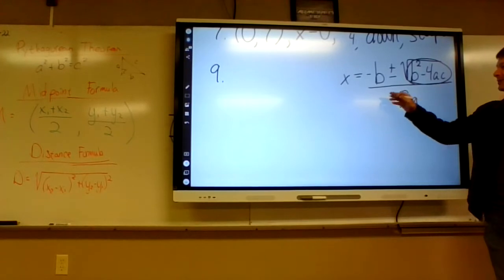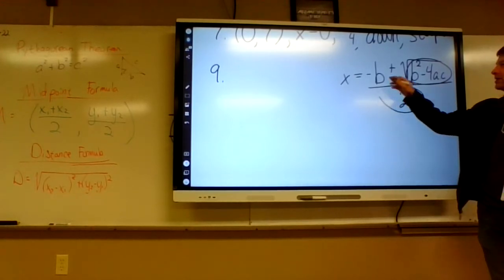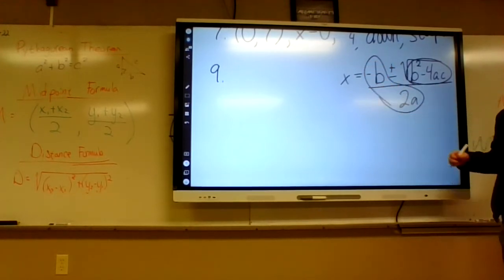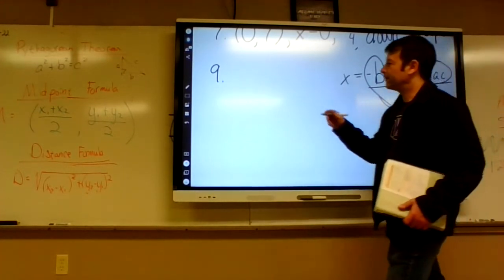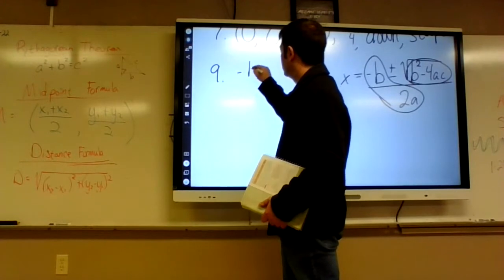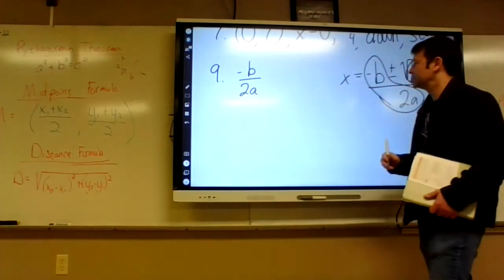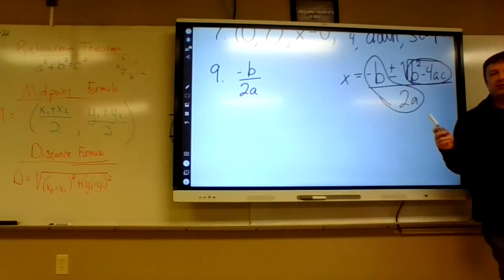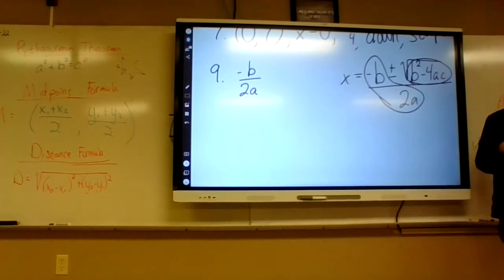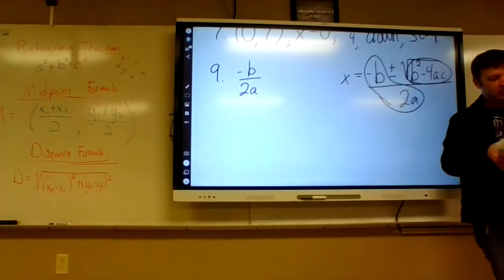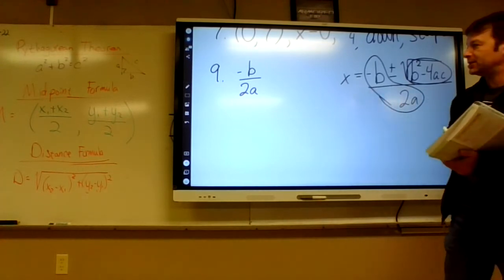This part gives you the middle of the parabola. In other words, it gives you the x-coordinate of the vertex when the equation's written in standard form: negative b over 2a. So on number 9, what's my A, B, and C?